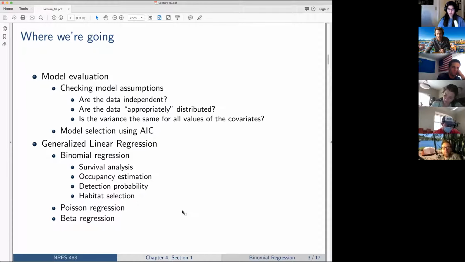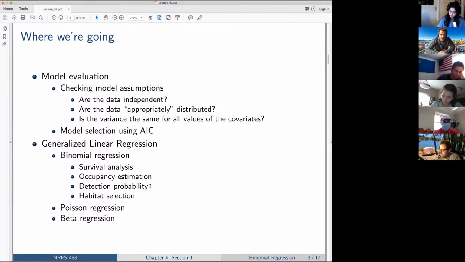So binomial regression is probably the most used type of model in wildlife ecology. It includes things like analyzing survival of a population, estimating occupancy or distribution of the species, where a species is and where a species isn't. Detection probability, we've talked about this a little bit.